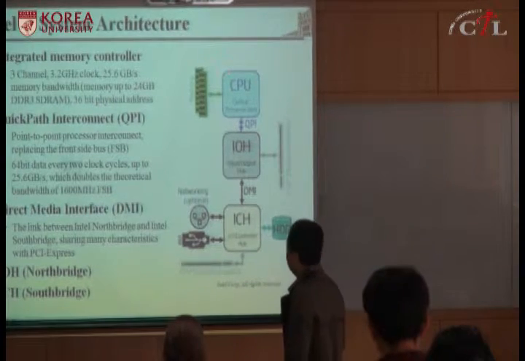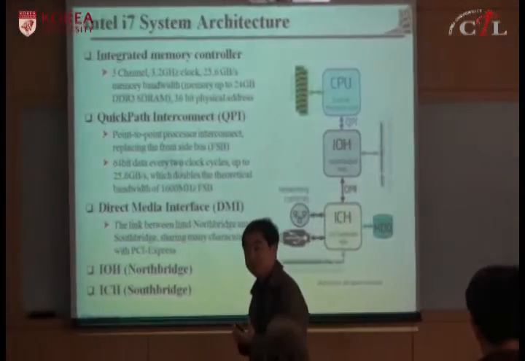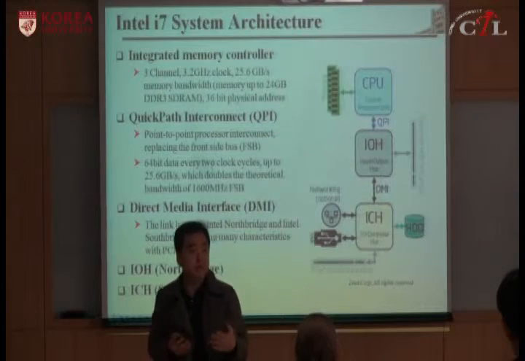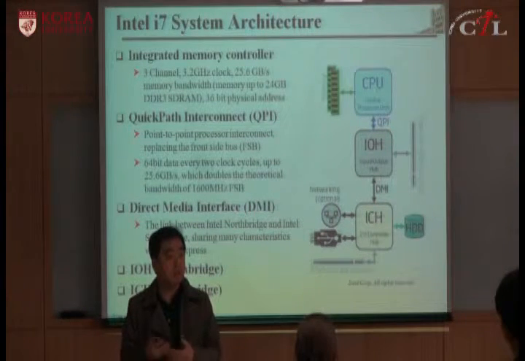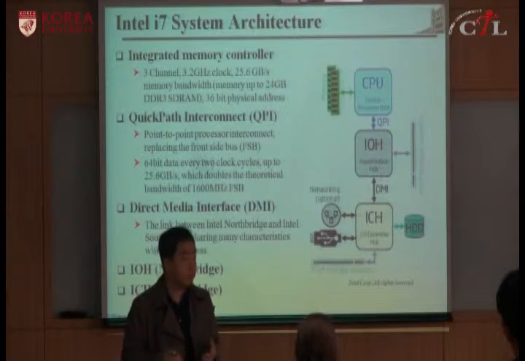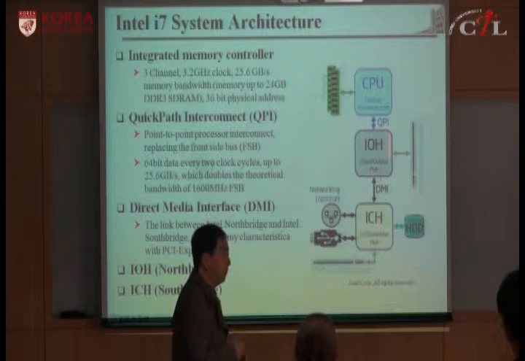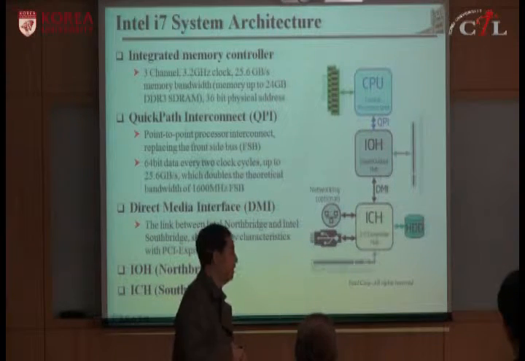So they realized they can no longer sustain the slow speed of this bus, and they are replacing it, eliminating all this bus structure, and all these connections are based on point-to-point interconnect nowadays.